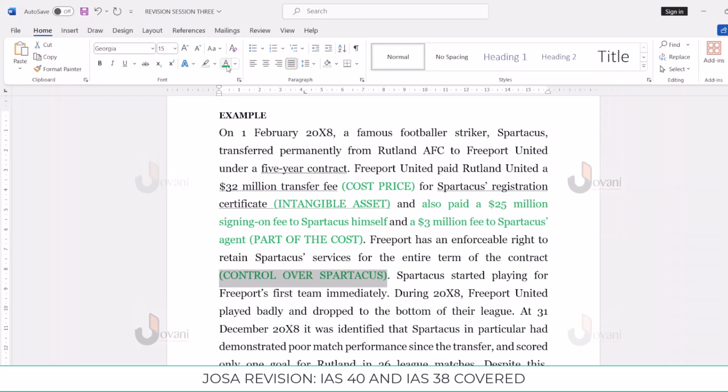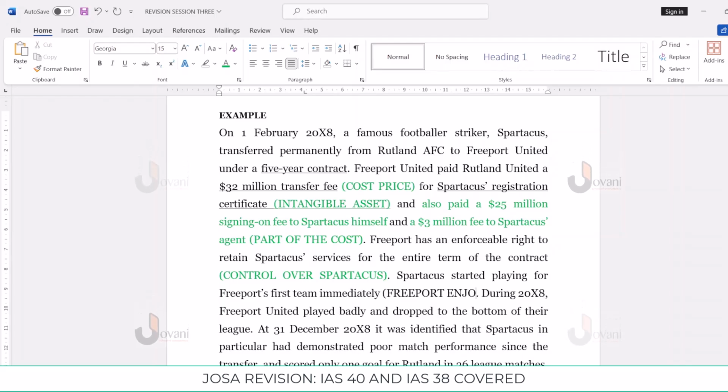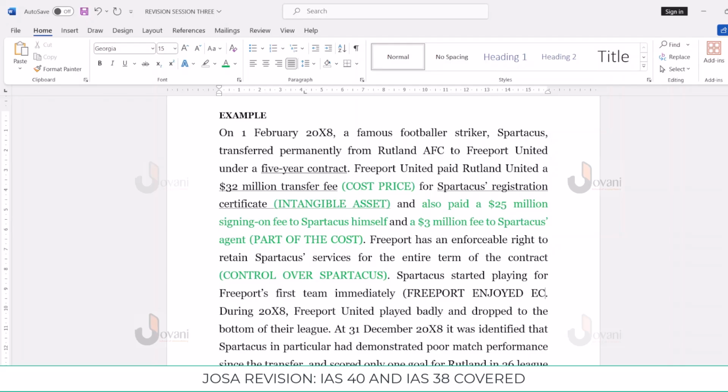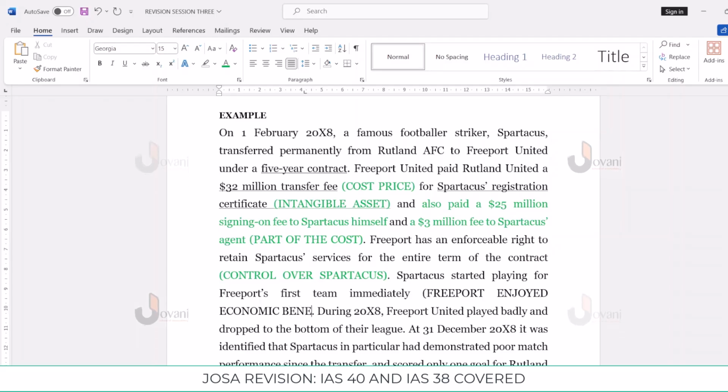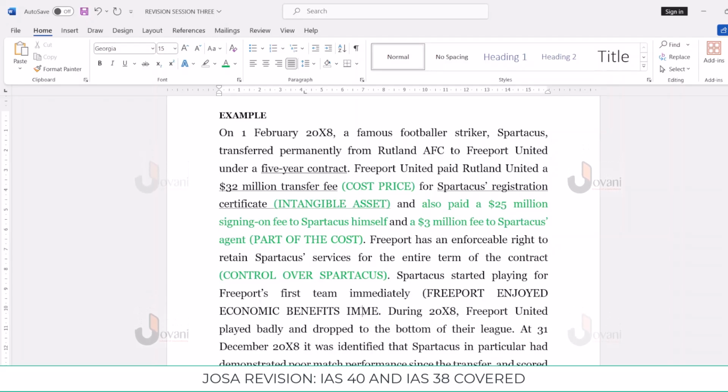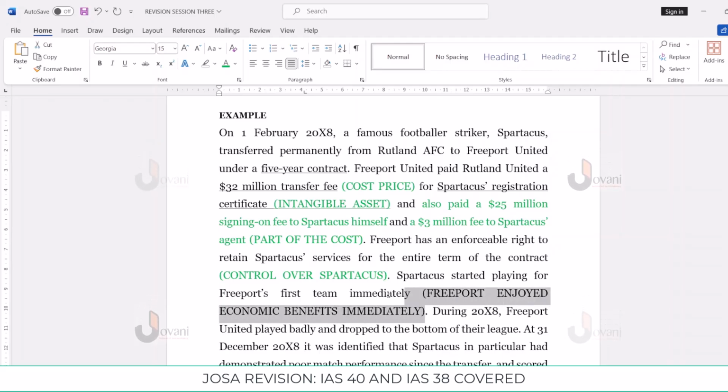Spartacus started playing for Freeport's first team immediately. Here they are telling you these guys were enjoying economic benefits. Freeport enjoyed economic benefits immediately. So up to that point, they are trying to confirm all the conditions of IAS 38.